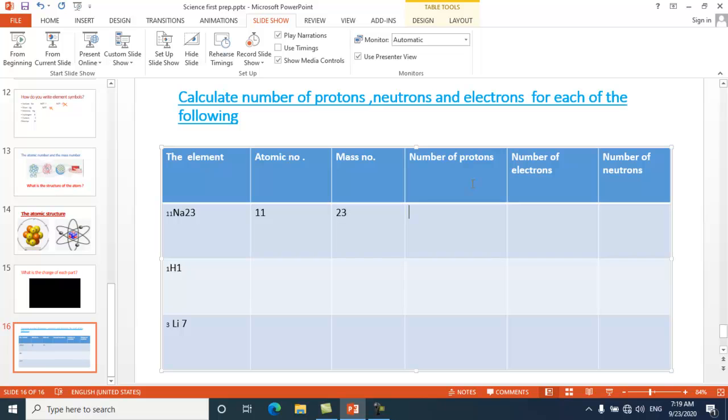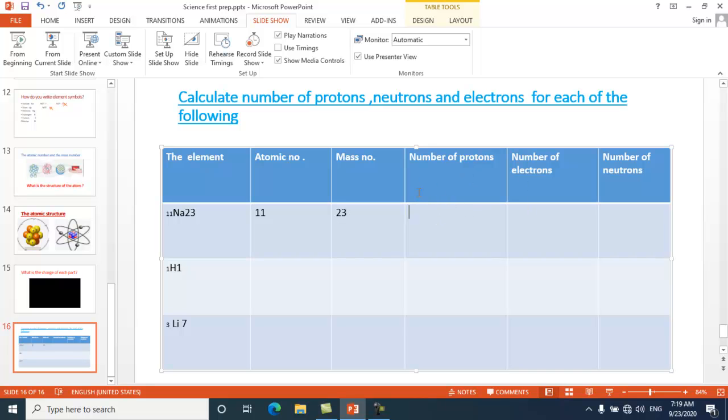Okay, for a stable atom, the number of protons should be equal to the number of electrons. If the atom is a stable atom, the number of protons should be equal to the number of electrons.